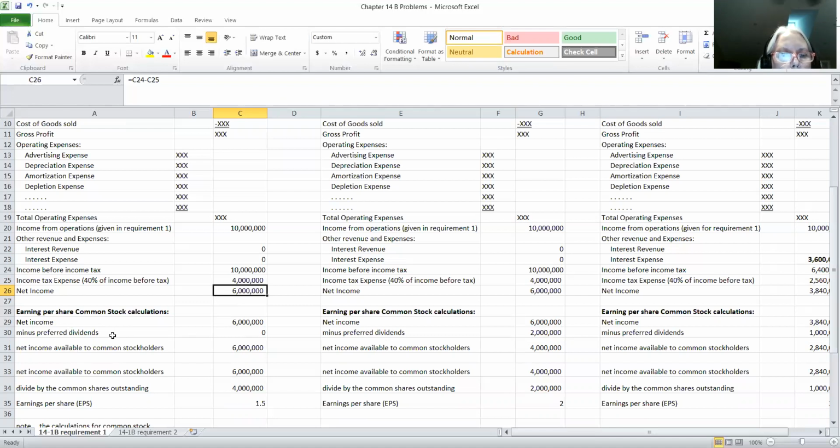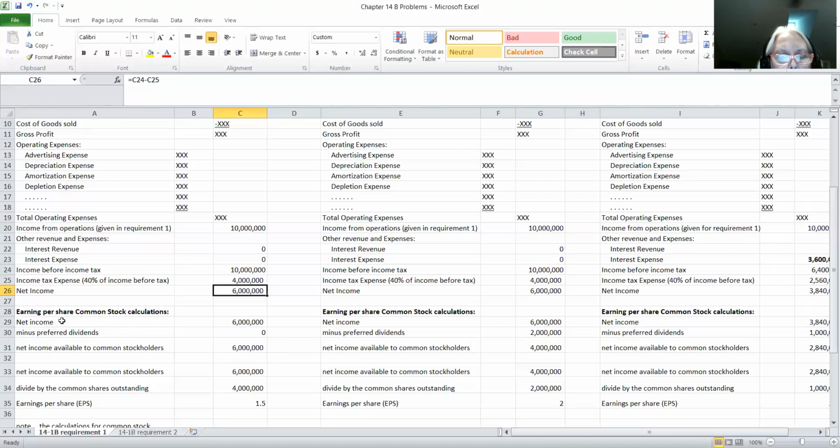We need to know if there are any preferred dividends, because when we calculate earnings per share, we want to reduce the net income by the amount of dividends that we're giving to our preferred stockholders, so we'll get the true net income that's only available to common stockholders.